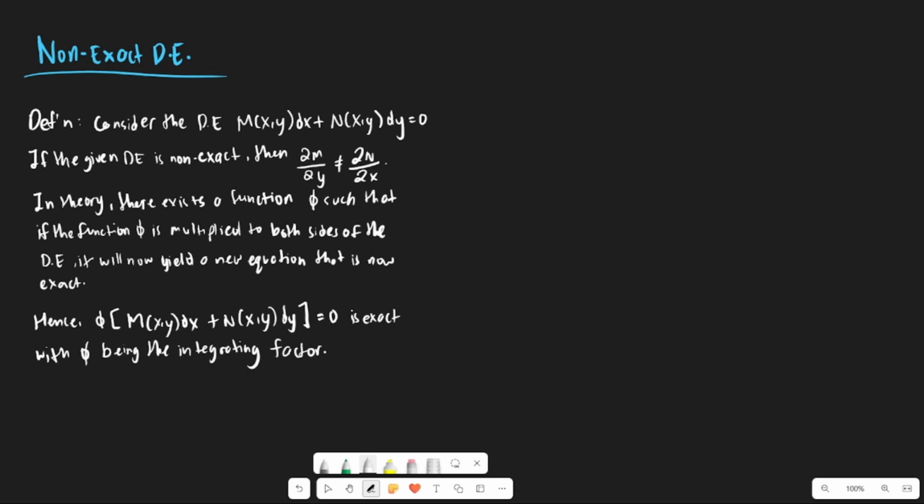However, we can solve for a function phi such that if we multiply that phi to the differential equation, then we now have a differential equation that is exact. So our goal first is to check for exactness. If it's not exact, then we find the phi, also called the integrating factor.